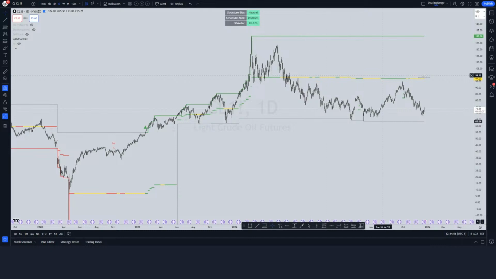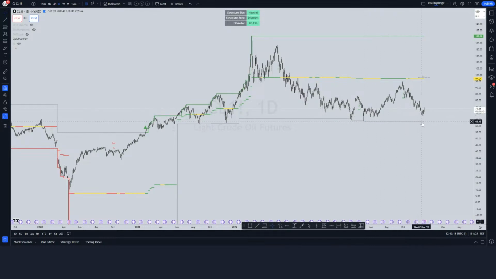This is our midpoint, and we're still in a bullish structure, maybe sideways because of the prevalence of the yellow here, just telling you that yes, you're bullish, but you're potentially more in a consolidating environment. You can see this gray line here.